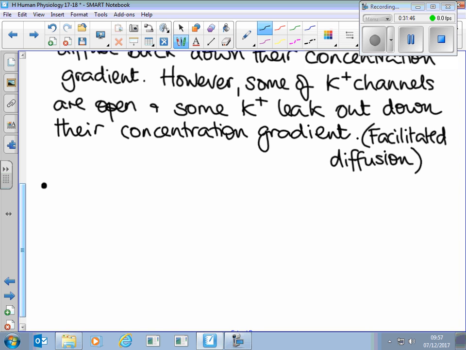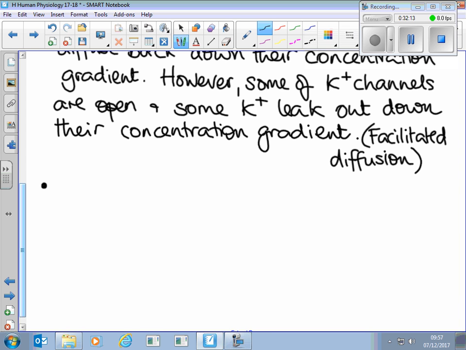So the inside is described as negative and the outside as positive, and the difference across the membrane is minus 70 millivolts. So the inside has 70 millivolts less charge than the outside. It's not really that the inside is negative, it's just this difference in charge.